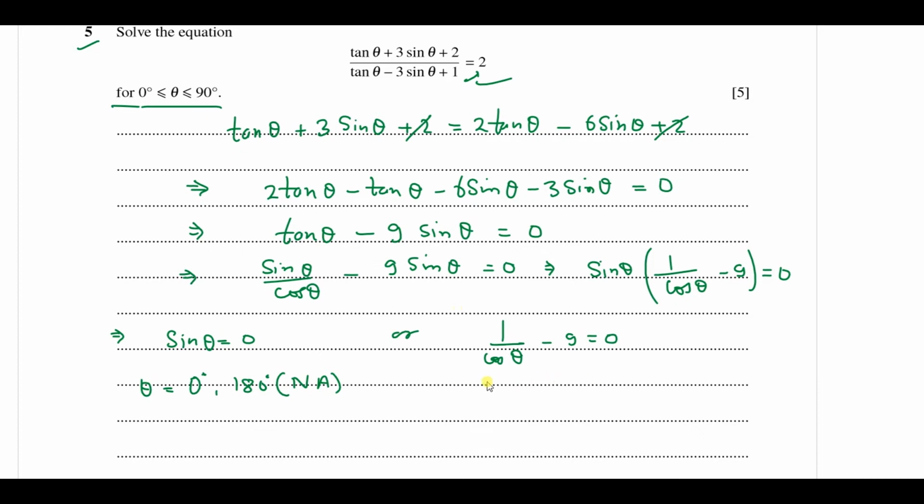And from here we can get cos theta. I took this minus 9 over there, that becomes 9, and hence cos theta becomes 1 over 9, and this will give you theta as cos inverse 1 over 9, and this value is 83.6 degrees, and the next value will be 360 minus theta, which is of course not in the range.